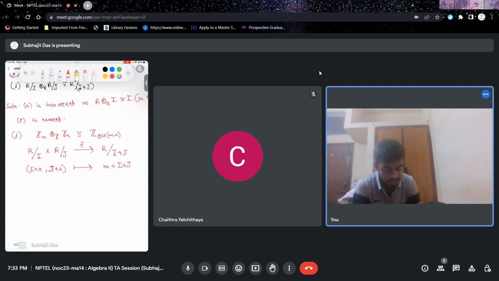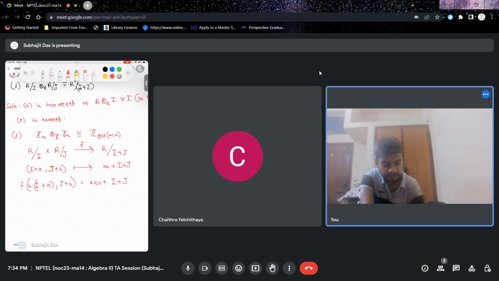You can say it quickly, because f of a times (I plus r), comma, (J plus s), is equal to a r s plus I plus J, right? And you can take a out of this again. If you multiply a in the second component, you can do the same thing, and it is clearly additive in both components. So this is why you took r times s, right? If you would have taken r plus s, that won't work.